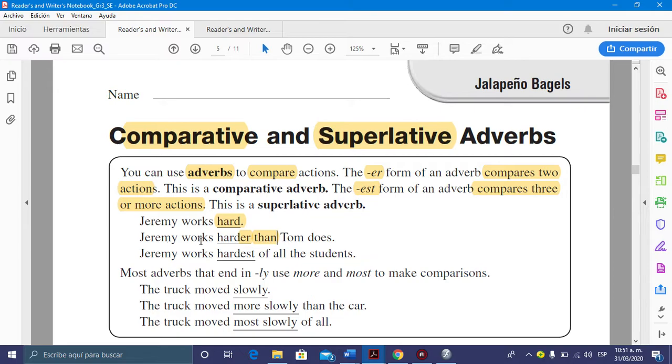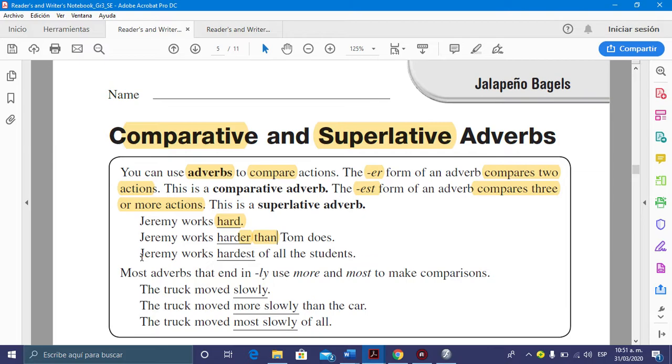Miss Denise works harder than Lupita does. Miss Denise works harder than her mom does. Okay, we have different examples. So this is comparative, okay? Remember, comparative uses er.